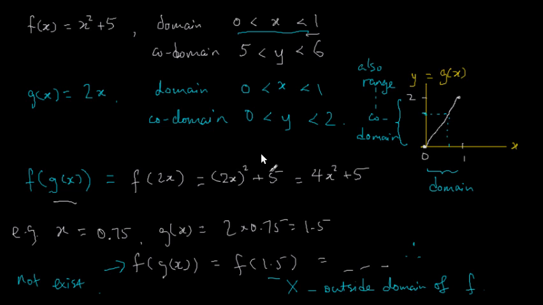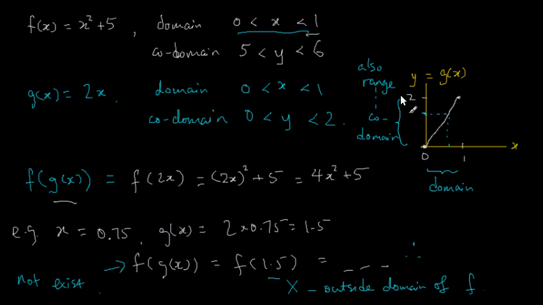So from this observation, we can actually find a condition for the composite function to exist. If you think about why this fg composite does not exist, it's because there are some values that lie outside the domain of f.